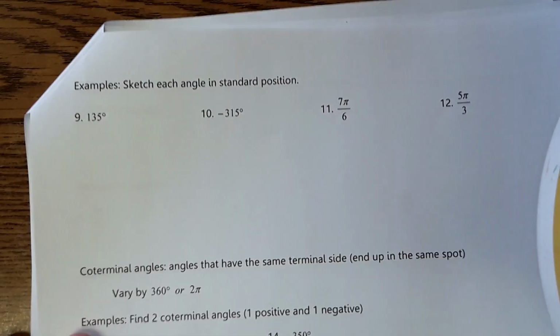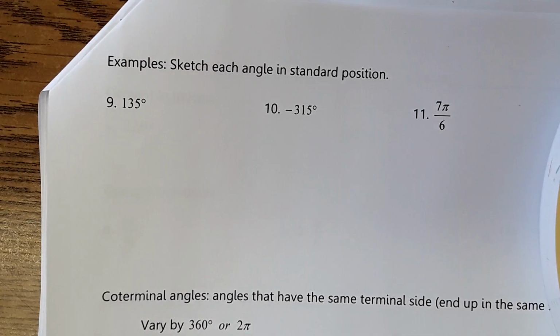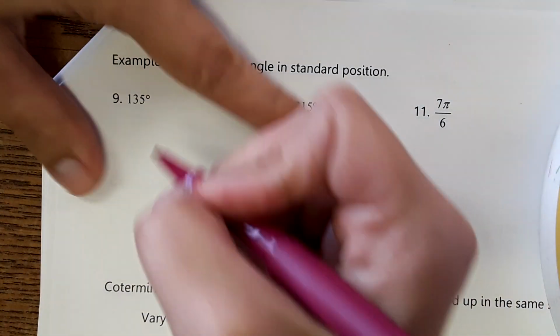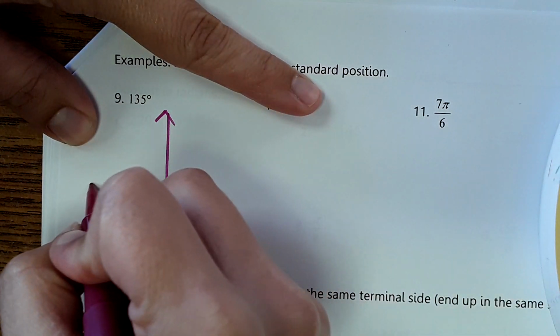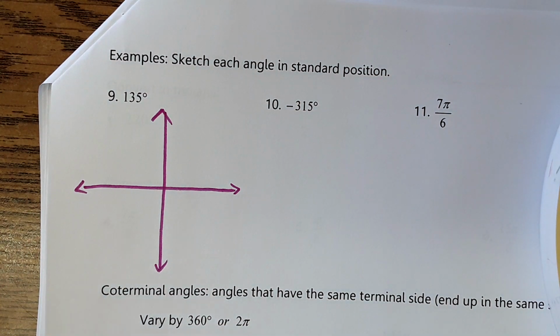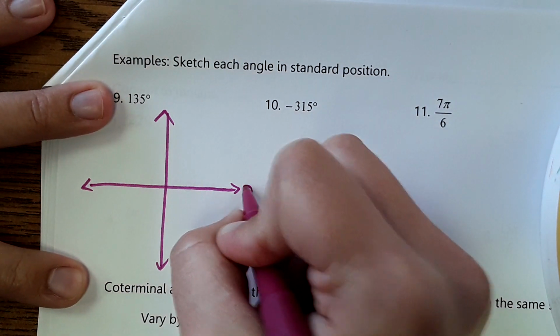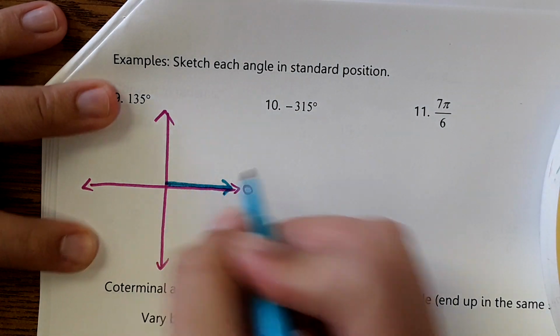Okay, so on this page, we're gonna sketch the angles. It says sketch each angle in standard position. So for number 9, we are going to draw a coordinate plane like this. So this would be at 0, our initial side right here at 0 degrees.